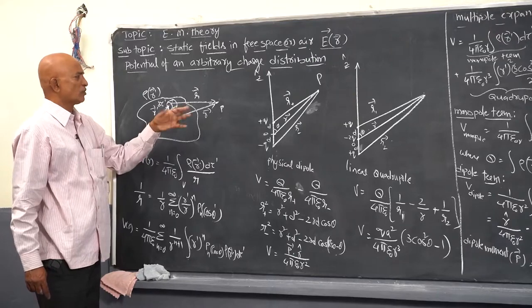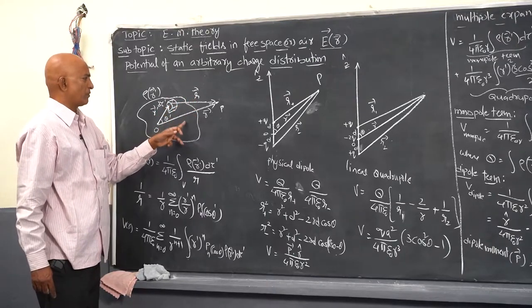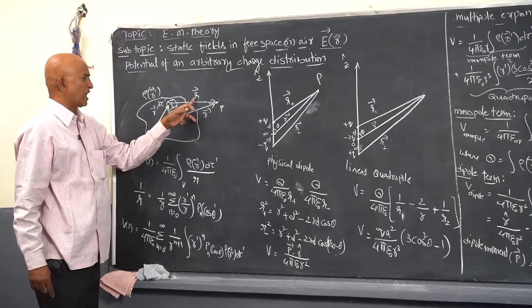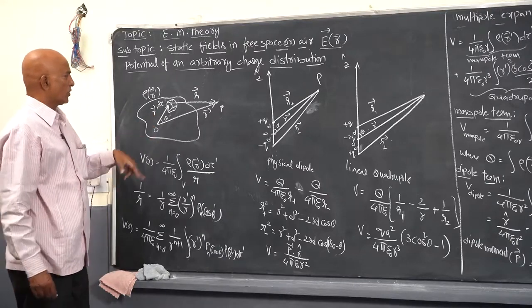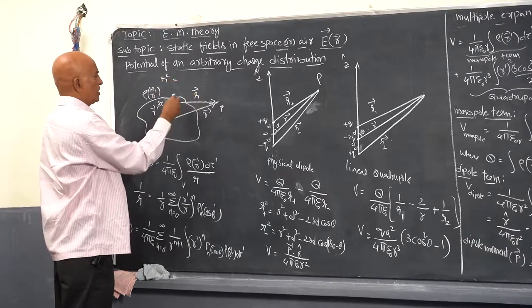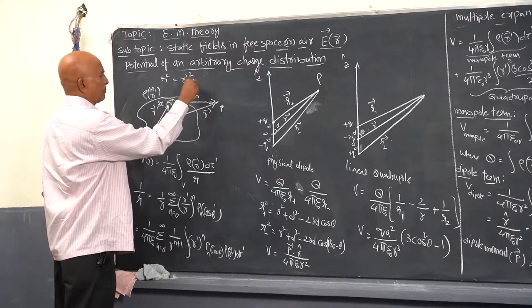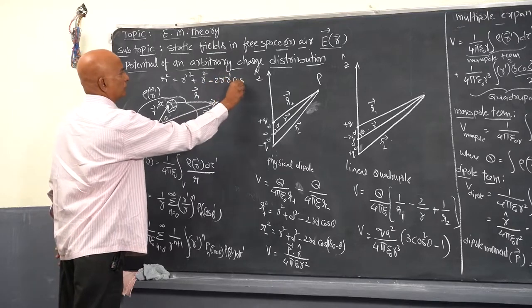Using the cosine rule, you can relate the separation vector script r with the position vectors r and r prime. What is the relation from the cosine rule? Script r square is equal to r prime square plus r square minus 2 r r prime cos theta prime.